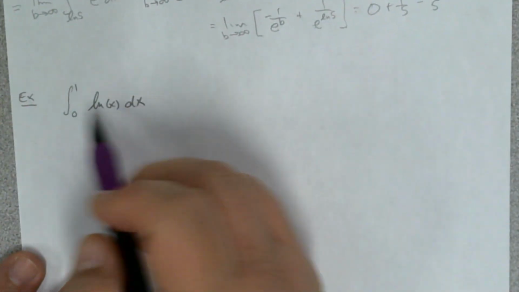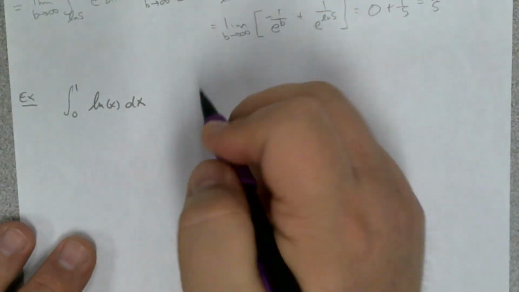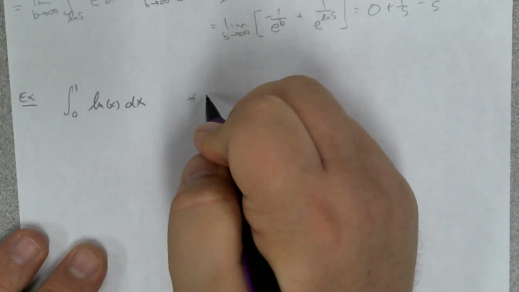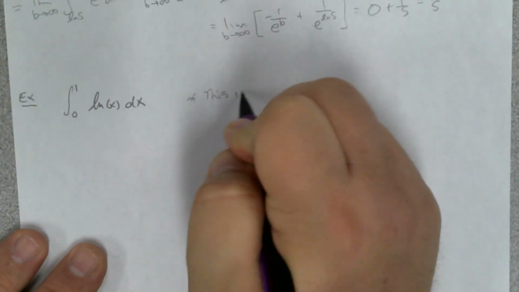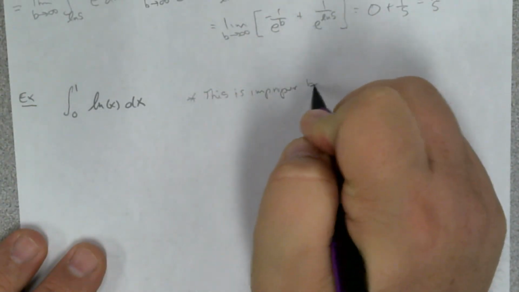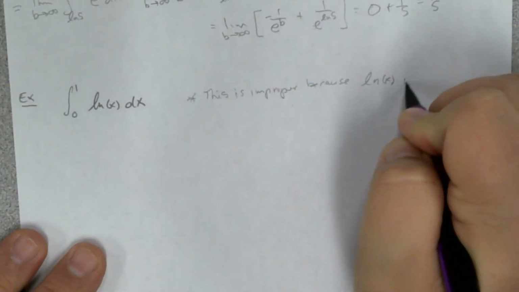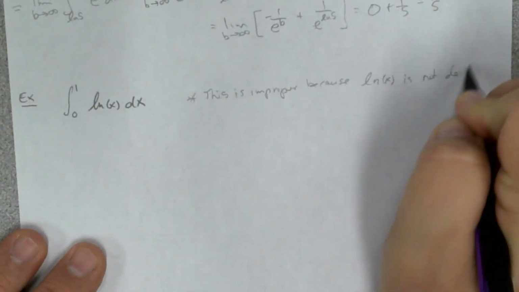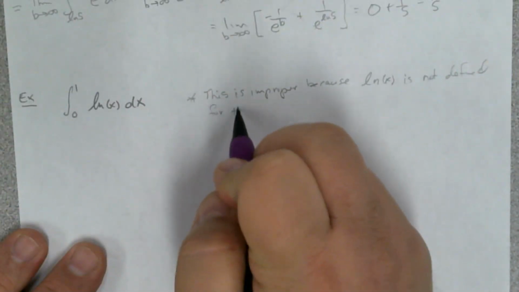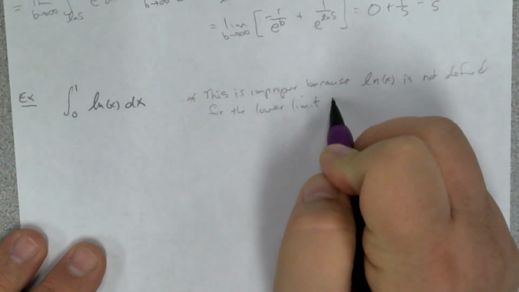So, why is this here? The reason why this one is here, and it's an improper integral, is because the natural log of x is not defined for the lower limit, 0.